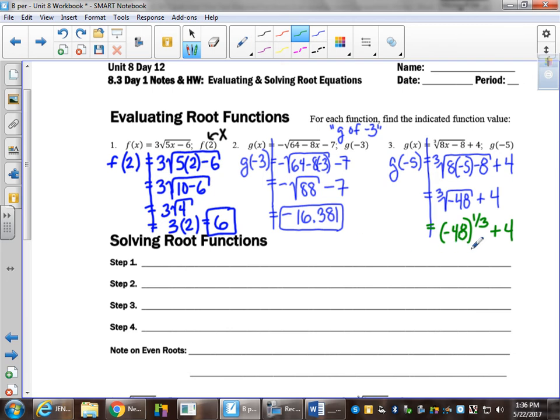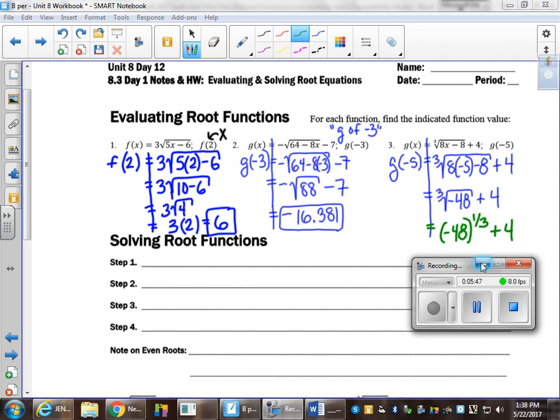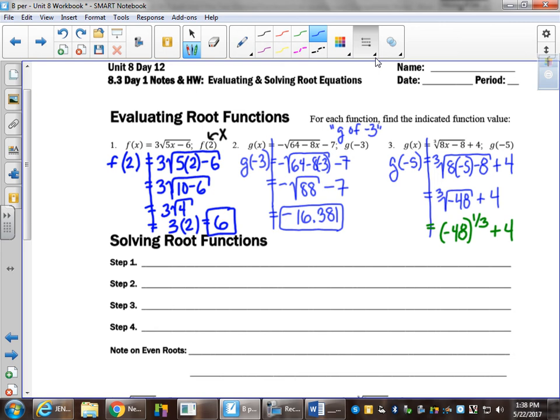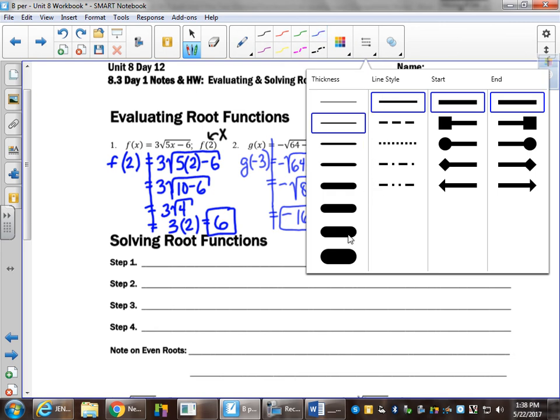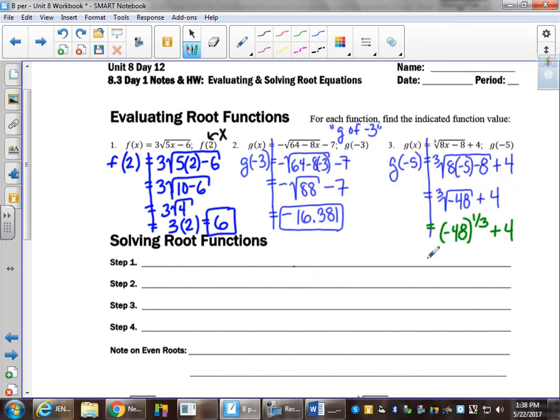So this will be negative 48, and then use that little caret symbol, 1/3 in parentheses, plus 4. We get as an answer 0.3657, which rounds to 0.366.